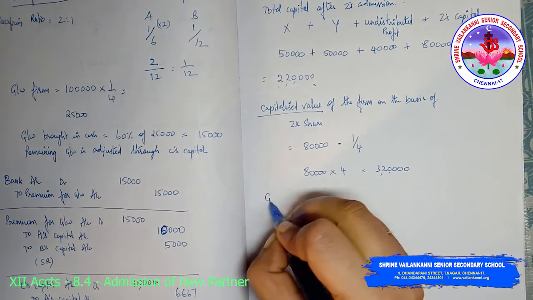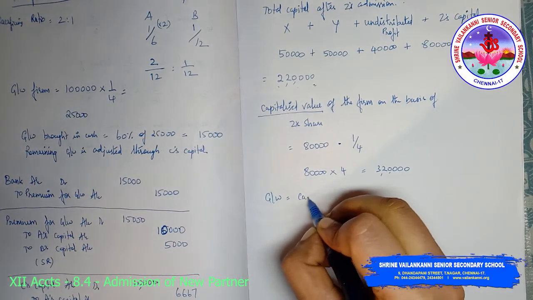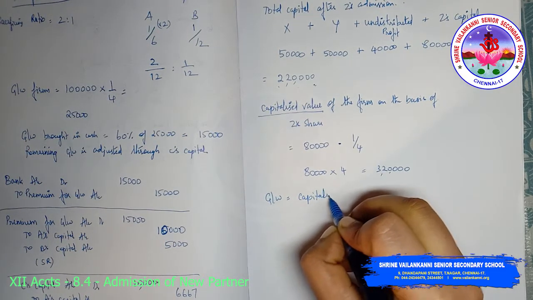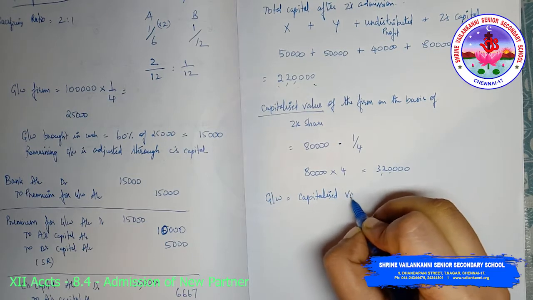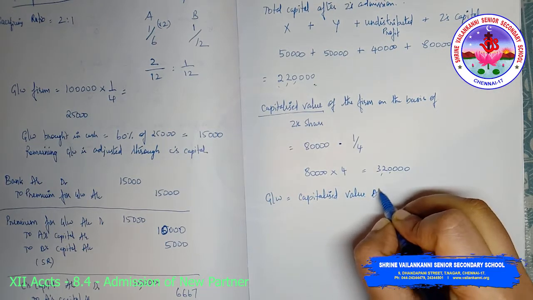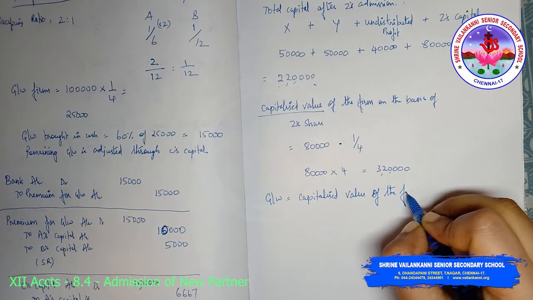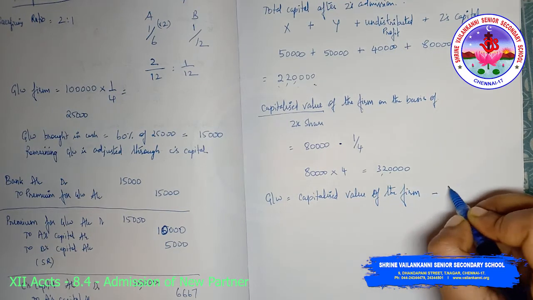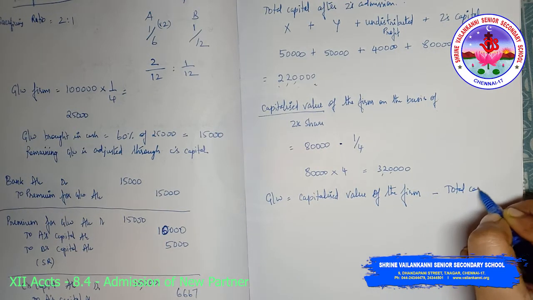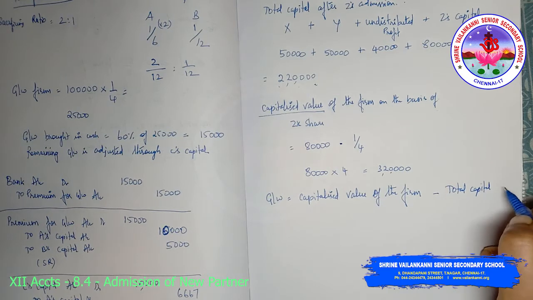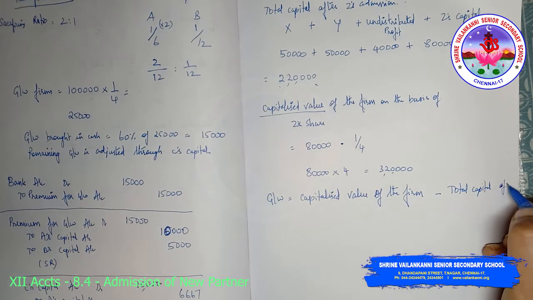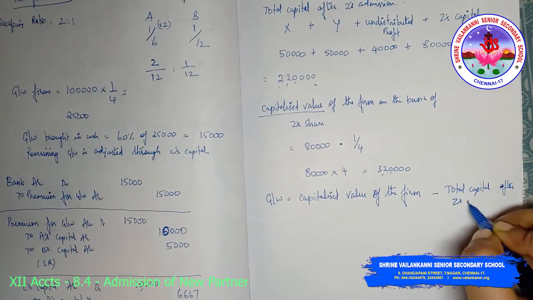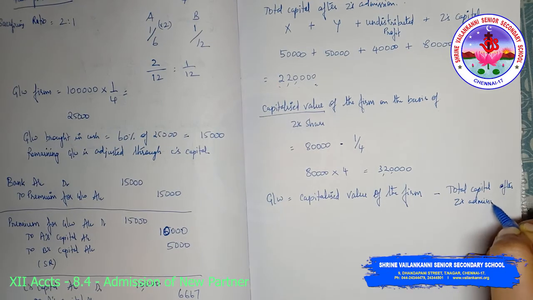So goodwill is equal to capitalized value of the firm minus total capital after Z's admission.